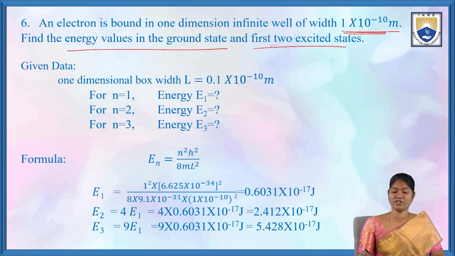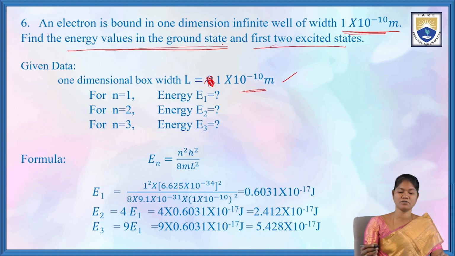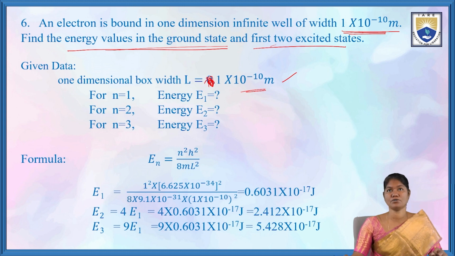So the width L is 1 into 10 power minus 10 meters. We need to find the energy values in the ground state and the first two excited states. So if n is equal to 1, we will get the energy at the ground state.